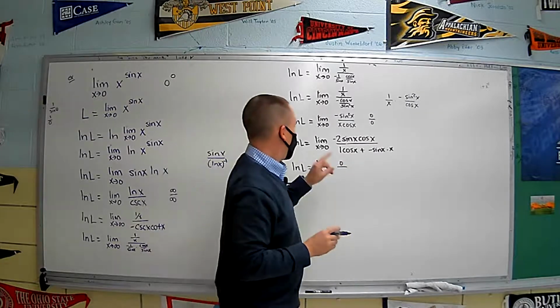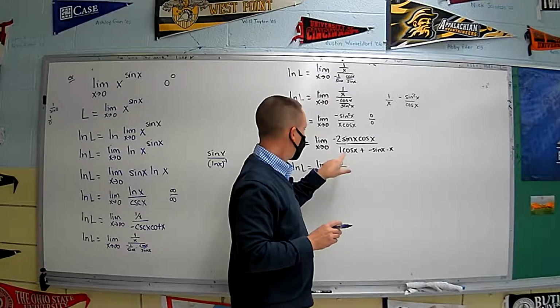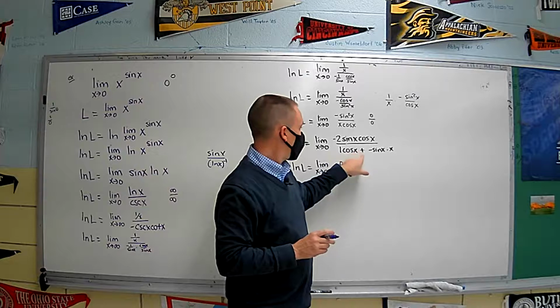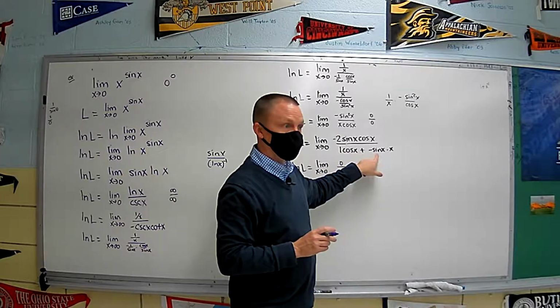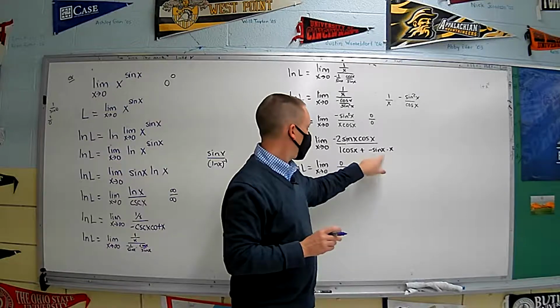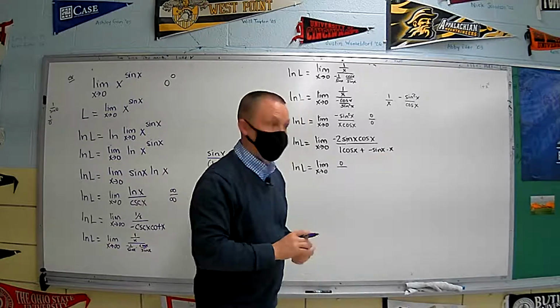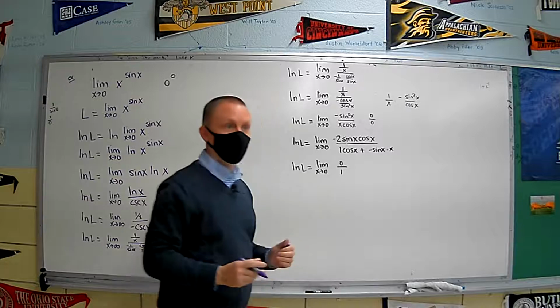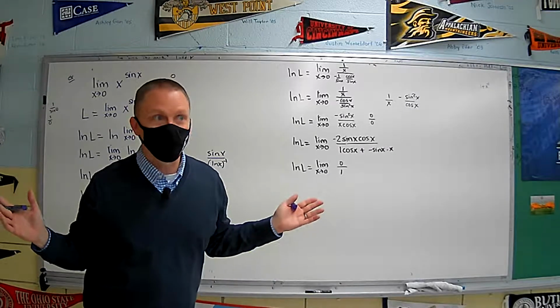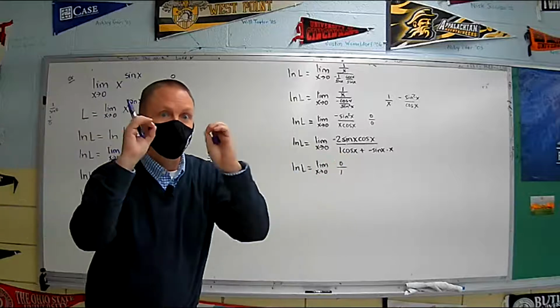The denominator is approaching the cosine of 0, which is 1, plus sine of 0 times 0, which is 0. 1 plus 0 is... oh, why am I excited? Because I don't have indeterminate form. I have 0 divided by 1, which is 0.